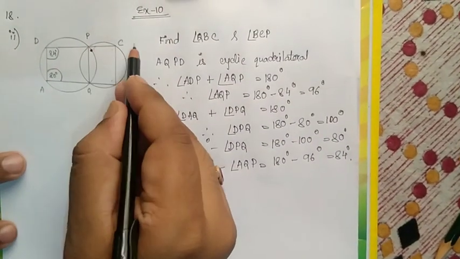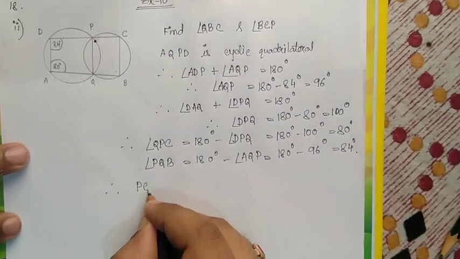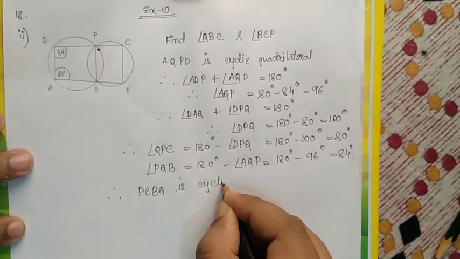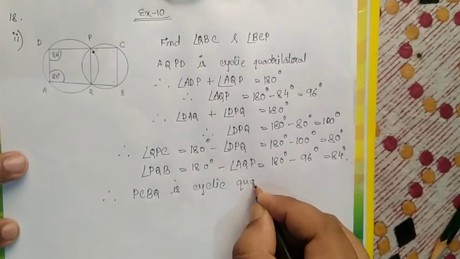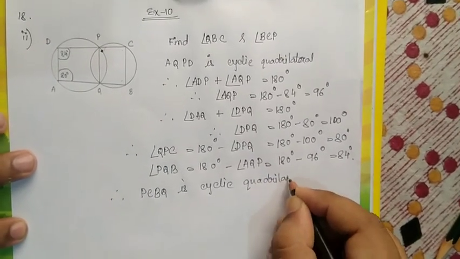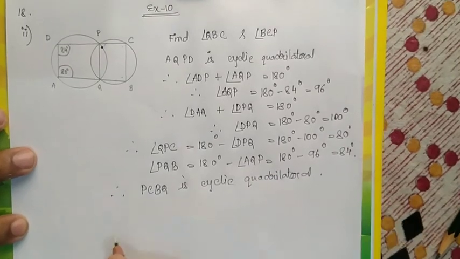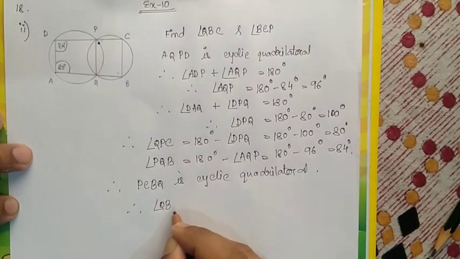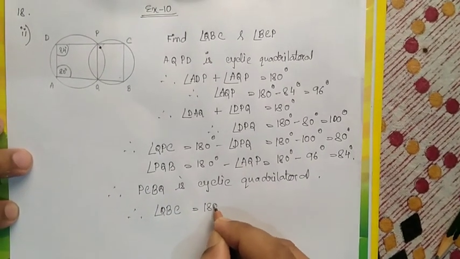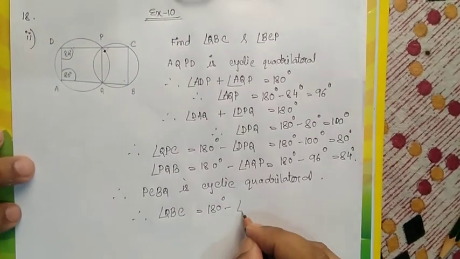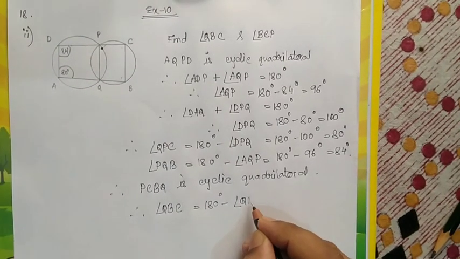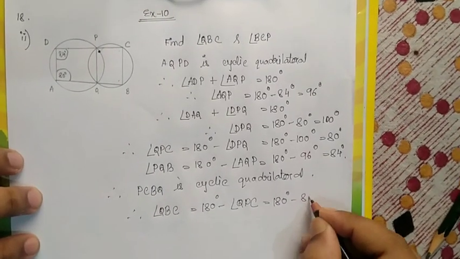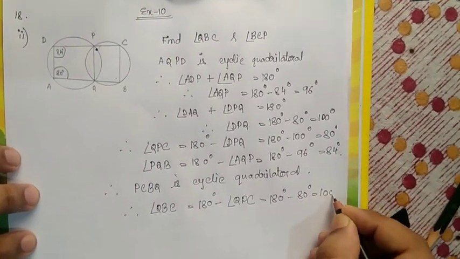Now PCBQ is cyclic quadrilateral. Therefore angle QBC equal to 180 degree minus this angle QPC equal to 180 degree minus 80 degree equal to 100 degree.